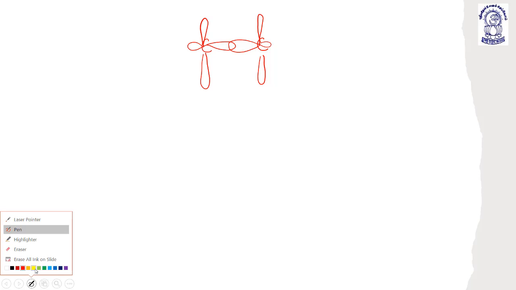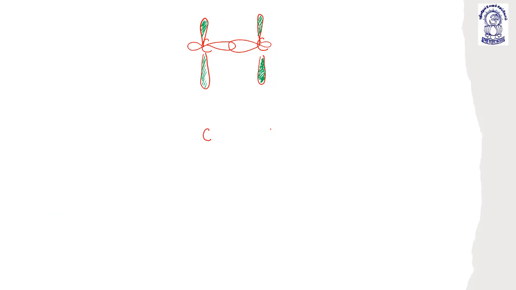When they make a pi bond with the help of the unhybridized p orbital, I will shade this unhybridized p orbital with green. When these unhybridized p orbitals overlap with each other, what will happen? The pi electron cloud will merge.